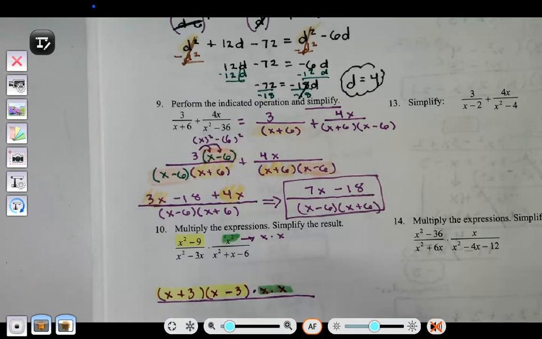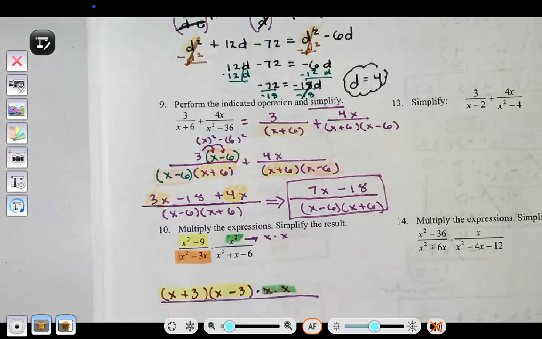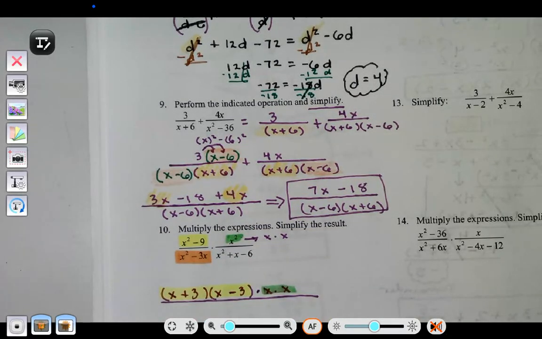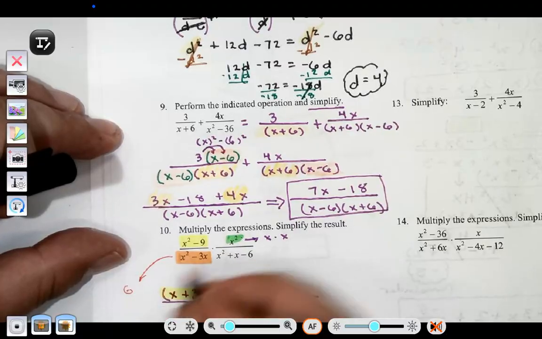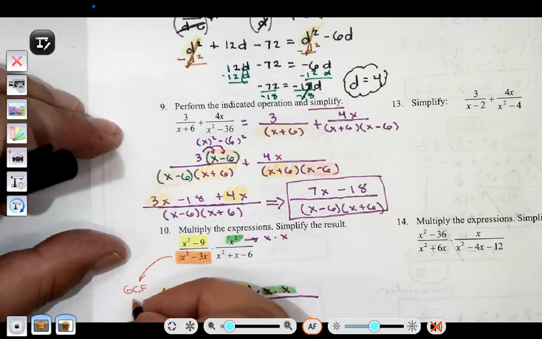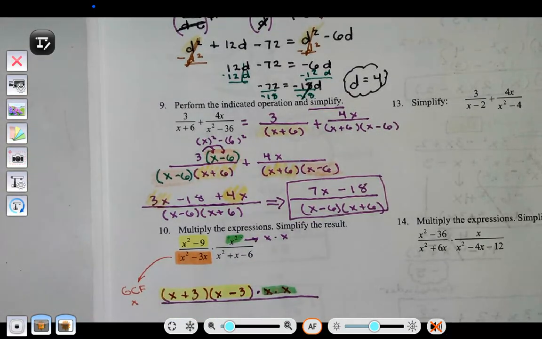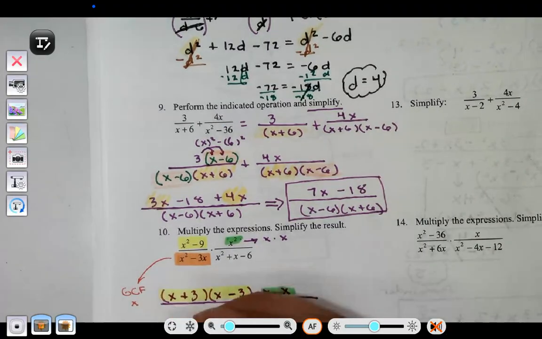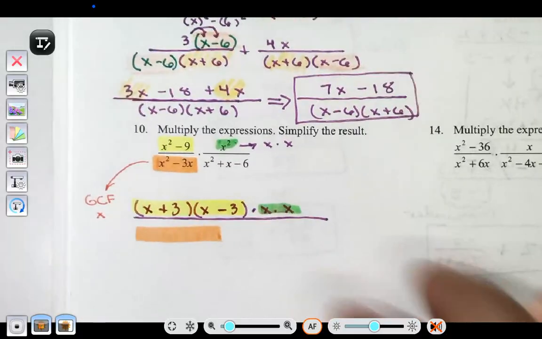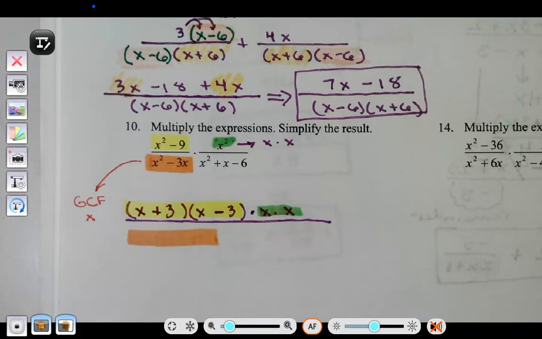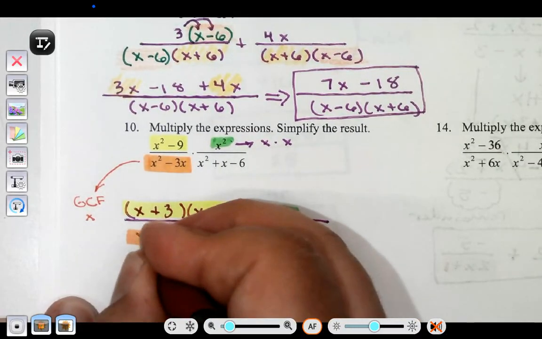When I look at the bottom, the very first step in factoring is GCF. Well, this one does have a GCF. See, they both have an x involved, which means the GCF is x. So for this orange one here, if I'm bringing up the concept of GCF, they both say x, so I need to write the x first.